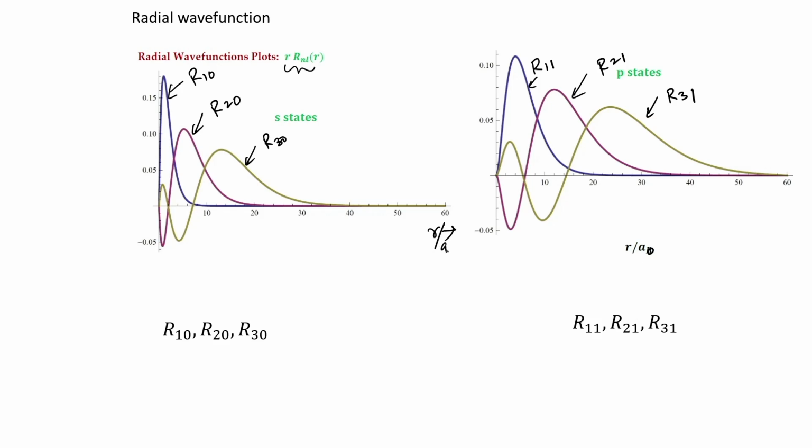So, it is r over a0 and so on. S states correspond to l equal to 0, and these P states correspond to l equal to 1.